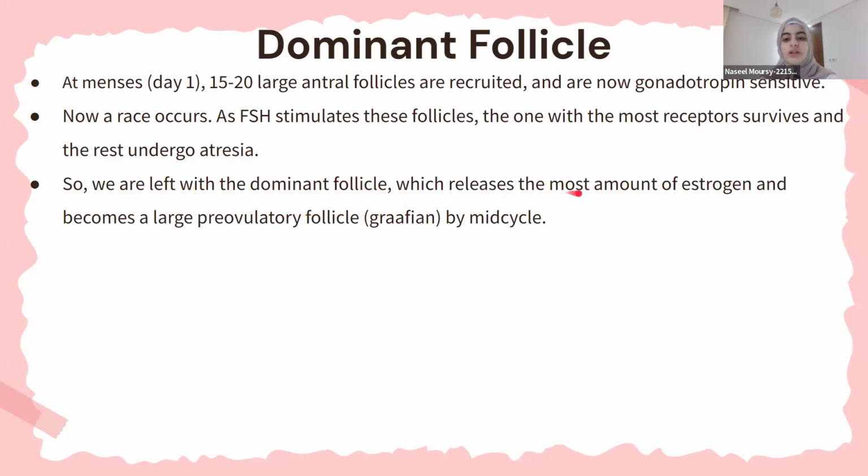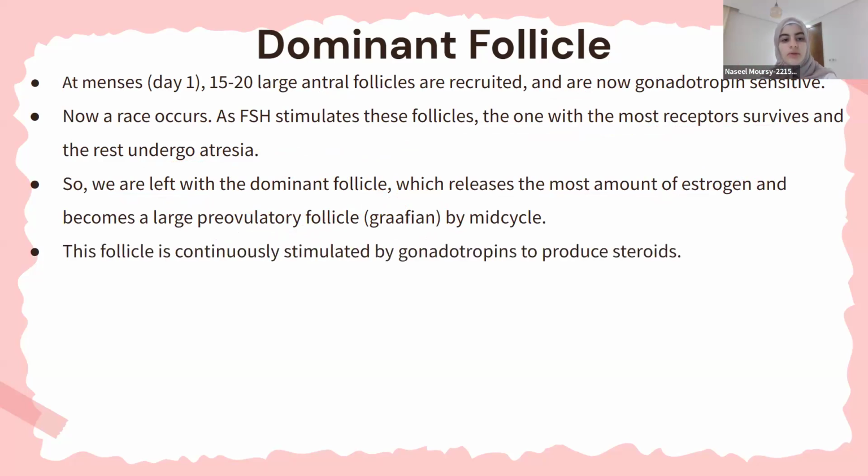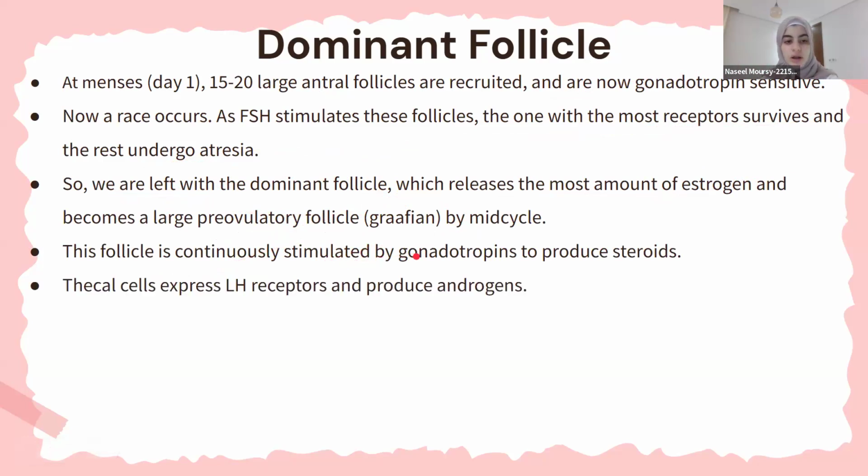Now, this dominant follicle releases the most amount of estrogen and becomes a large preovulatory follicle, which is the graafian follicle, by mid-cycle, so by day 14. This follicle is continuously stimulated by gonadotropins, which are FSH and LH, to produce steroids.